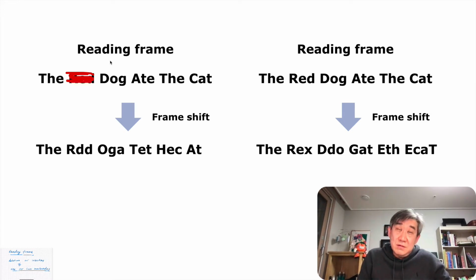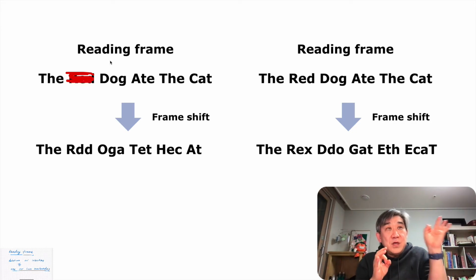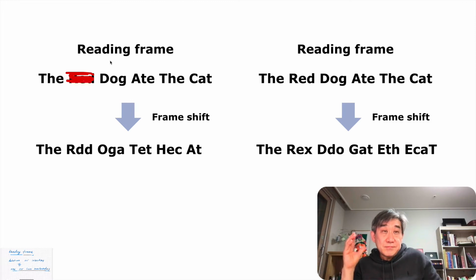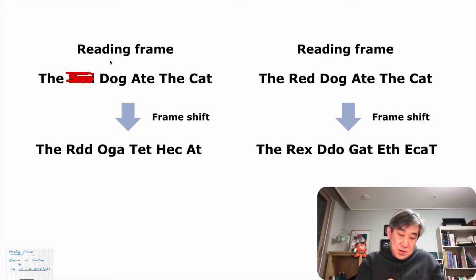The same thing will happen in the gene world. If you entirely delete 3 nucleotides, then the reading frame will be preserved. So that's why 1 or 2 may generate this whole chaos of the reading frame shift, but not a 3 nucleotide unit. The example on the right is an example of an insertional reading frame shift.